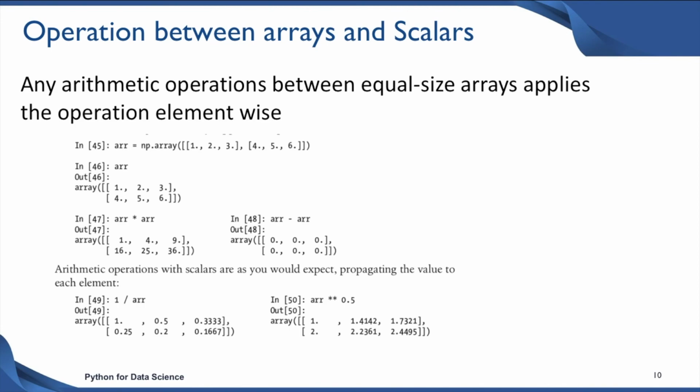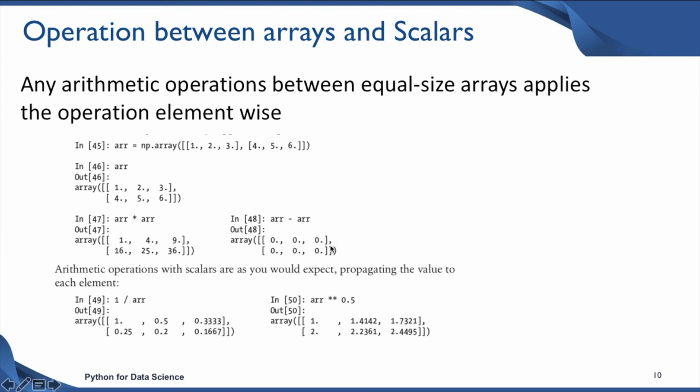For example, here is your two-dimensional array, right? If we try to multiply that array, the elements get multiplied. So 1 into 1 is 1, 2 into 2 is 4, 3 into 3 is 9. Similarly, in the subtraction operation in case of your array, all the elements would be subtracted element wise.